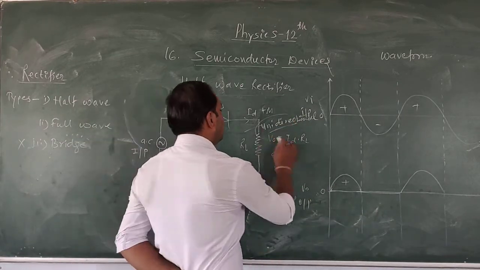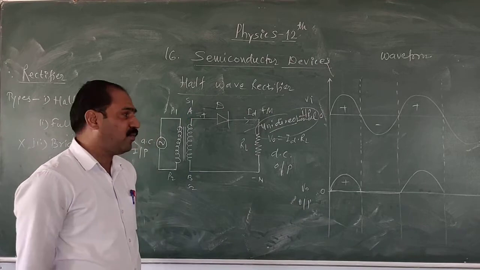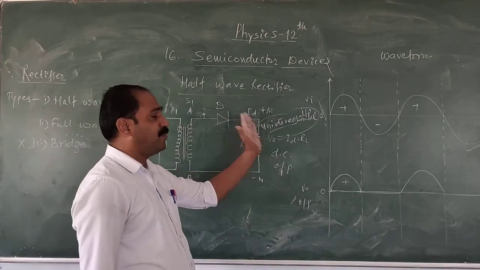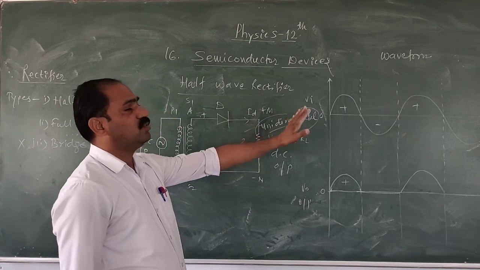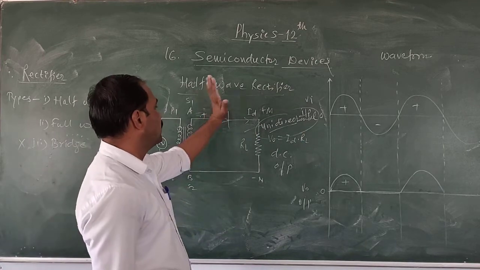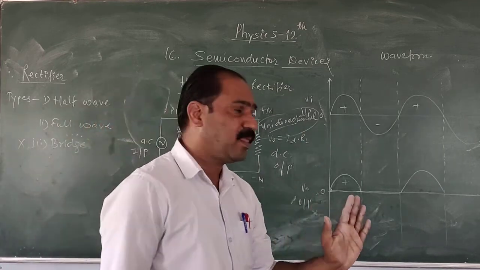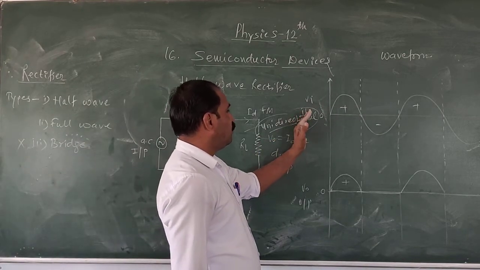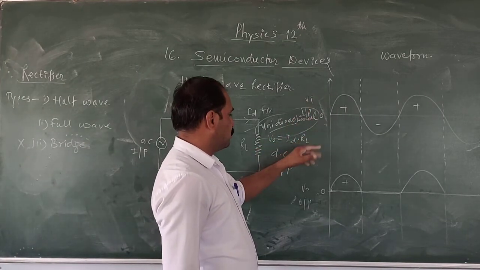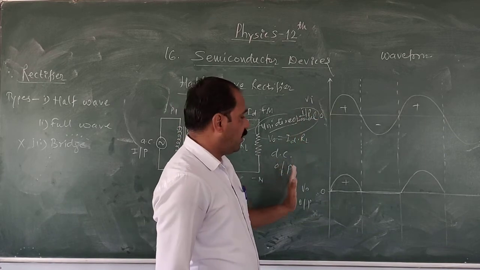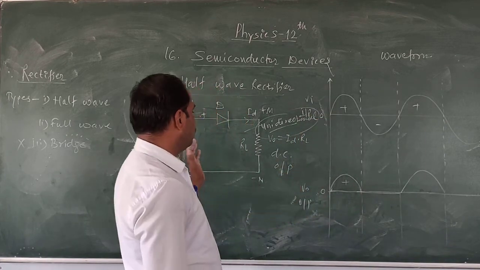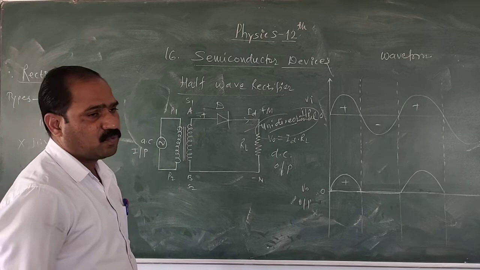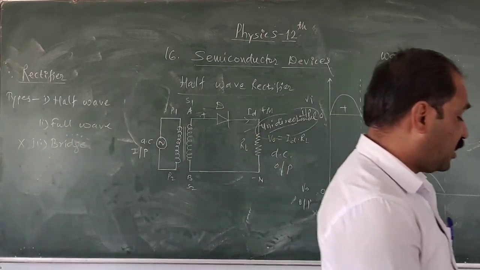So here for every positive half cycle we obtain here the unidirectional pulsating current through the diode. So this is called as the half wave rectifier. So in this way we rectified here the input signal, that is the AC signal into DC signal. So this is called as the rectification process, or called as the rectifier.